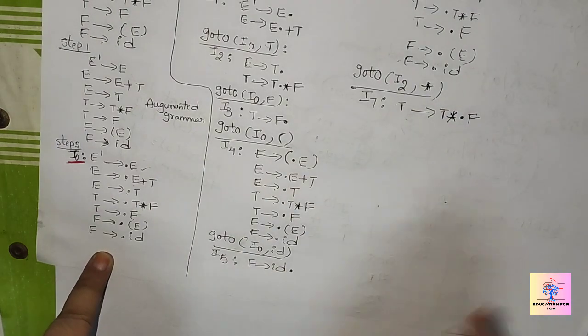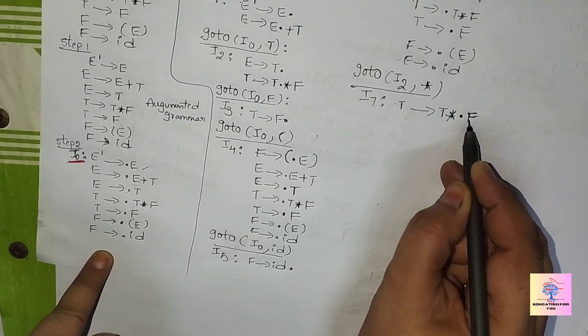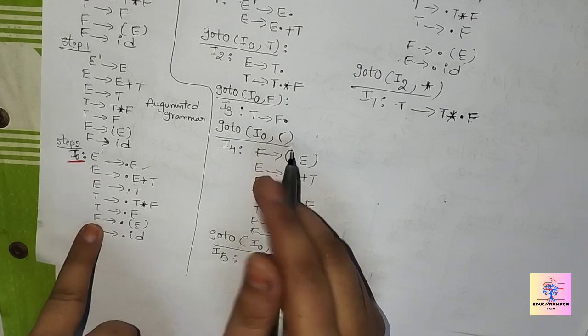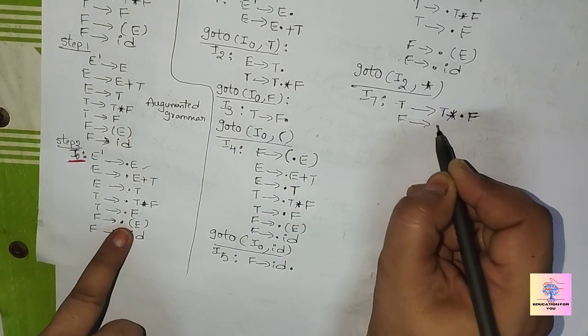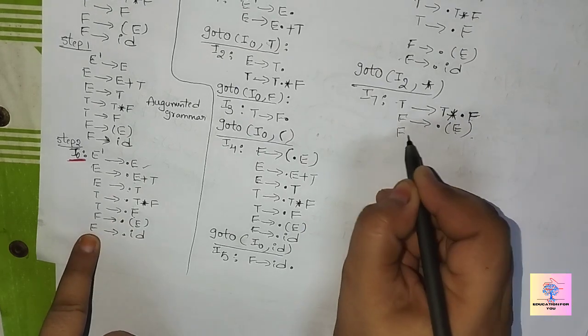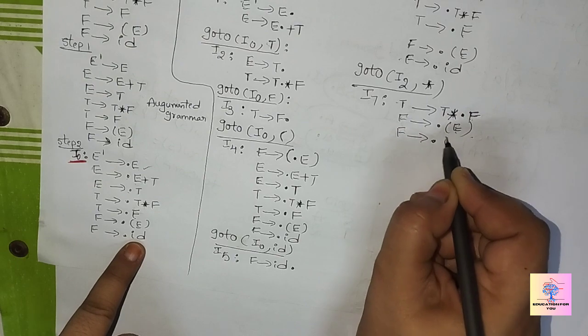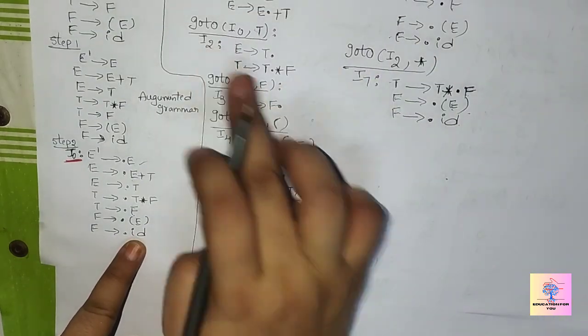So for F, what is the production here? F is going to producing dot open parenthesis E closed parenthesis, and F is going to producing dot ID. Now I2 star is over.